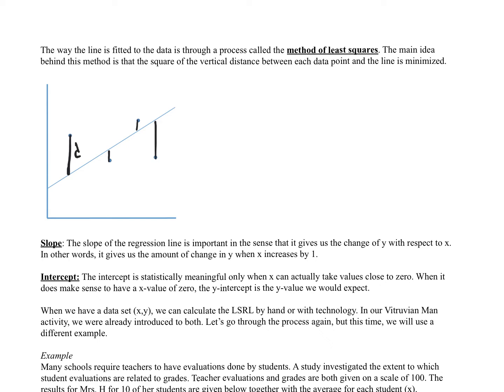If you think of all these distances, we'll call them D1, D2, D3. In a least squares regression line, if you add up all these distances, you want that sum to be as small as possible. So we're trying to figure out the smallest sum of all these distances I can make. That's how we'll calculate our a and our b, to get our slope and our y-intercept.